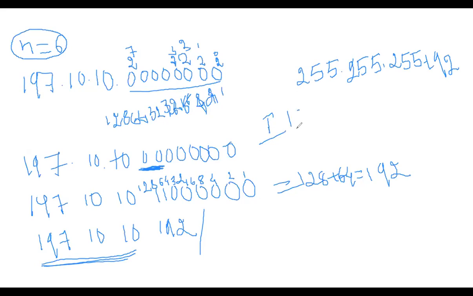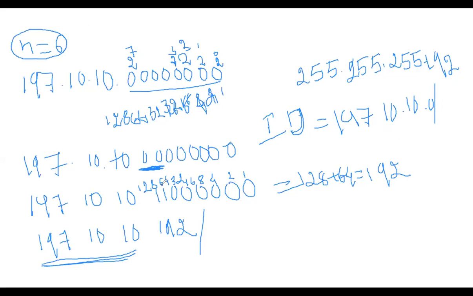If you want to write the subnet ID for this, you have to make it 197.10.10.0 oblique. What is there? Here it is 24.